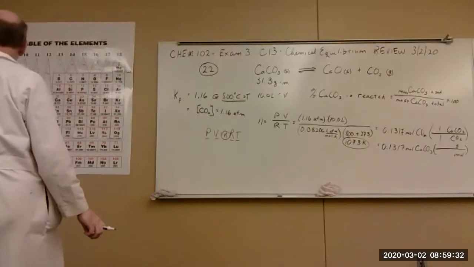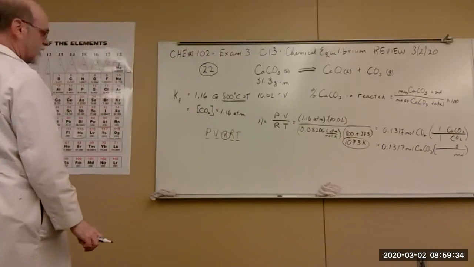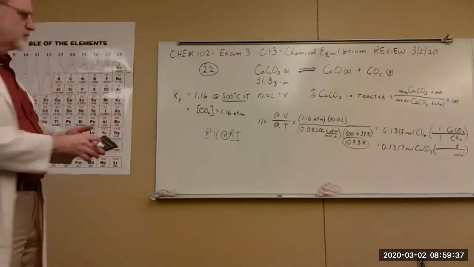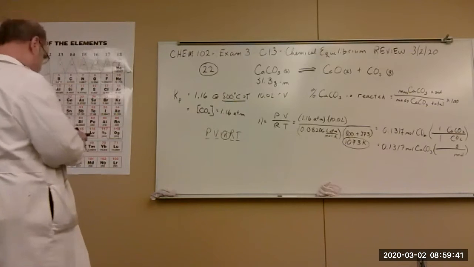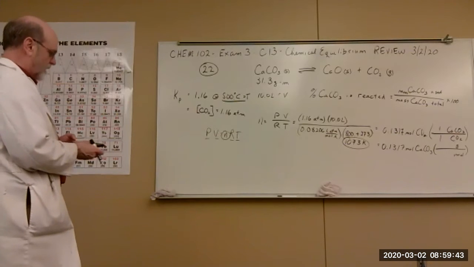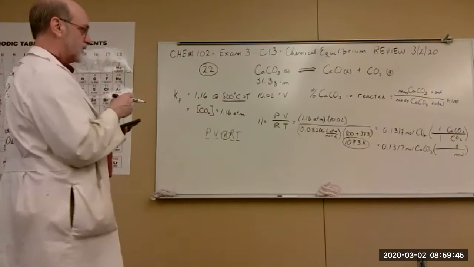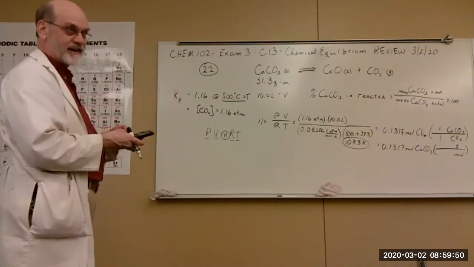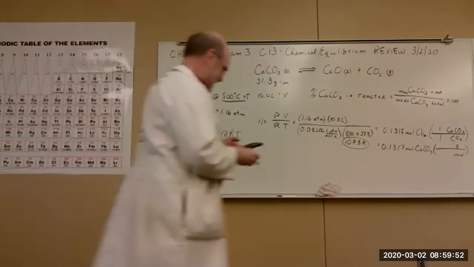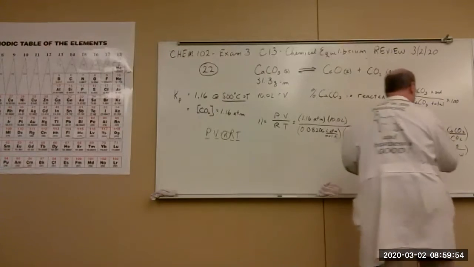So calcium carbonate, I think, is in the neighborhood of 40. No, calcium's 40.08 for calcium. And carbon is 12.01. Oxygen is 16, but there's 3 of them, so it'd be 48. So I get 100.09.